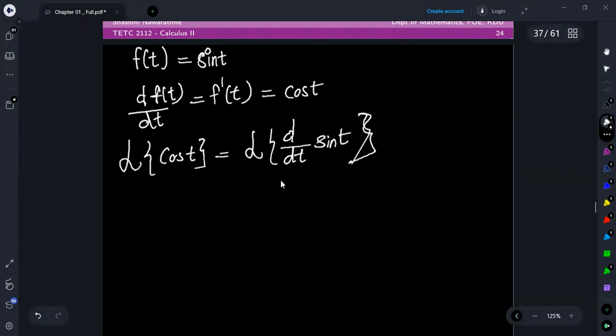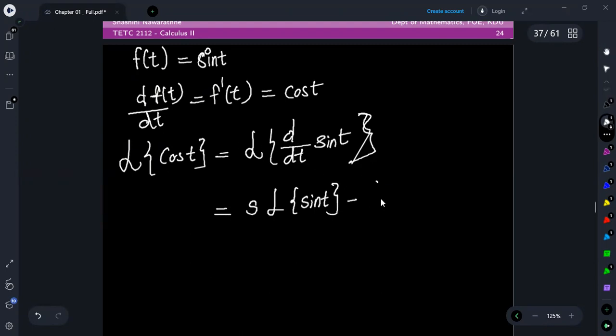This is equal to s times the Laplace transform of sin t minus the function f of 0.